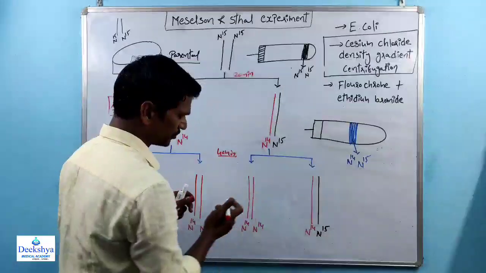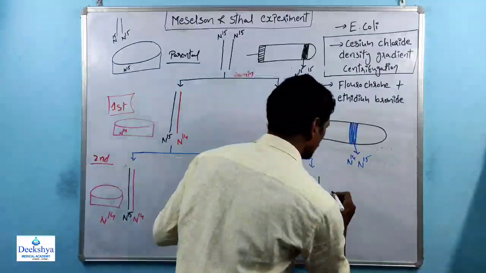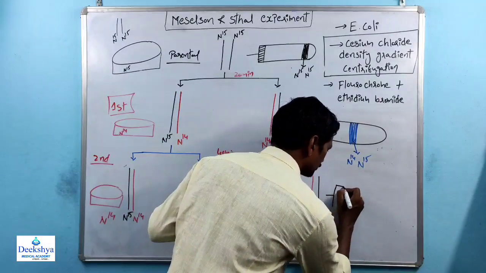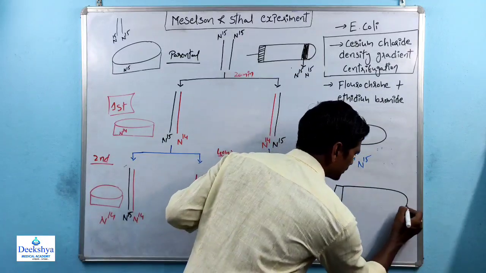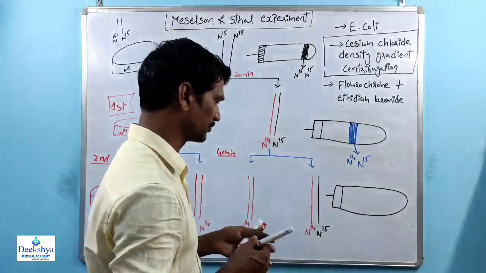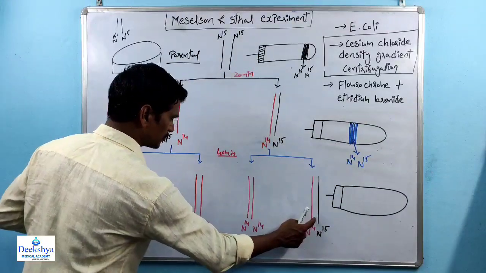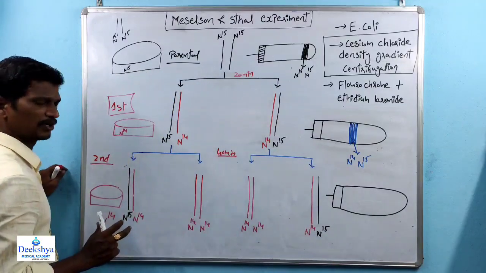So if these molecules are subjected to the density gradient centrifugation process, the bands are formed like this. Here two types of bands are produced. These two are one type of molecules and these two are another type of molecules.